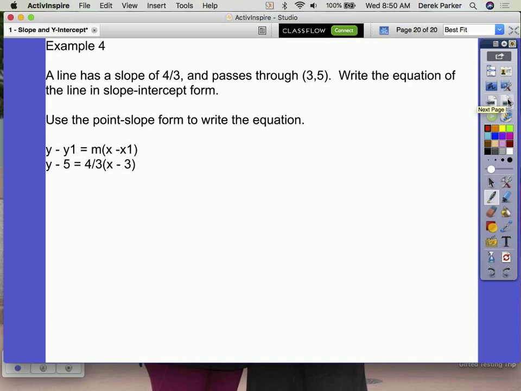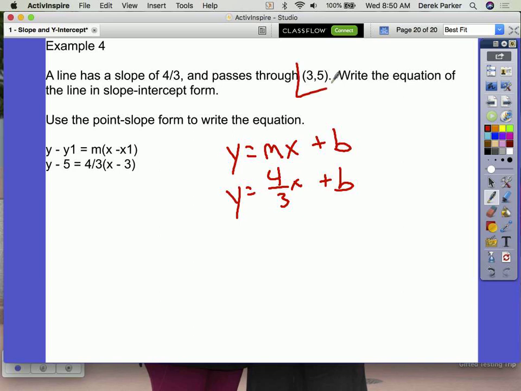Okay, my last example. I've been given a slope, I've been given a coordinate, but I don't know the y-intercept. To do this, you use the slope-intercept form equation y equals mx plus b. I know the slope is 4/3. y equals 4/3 x plus b.